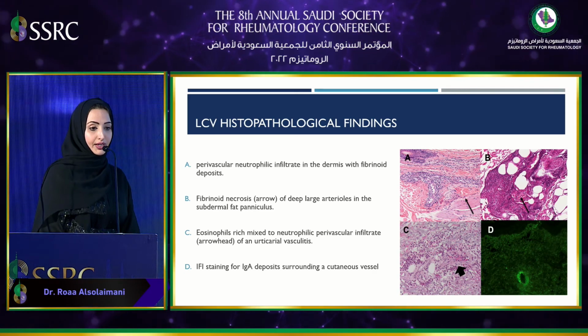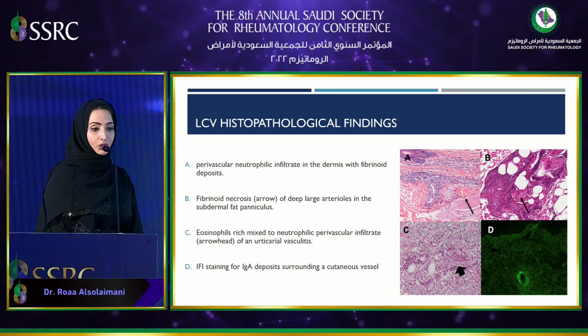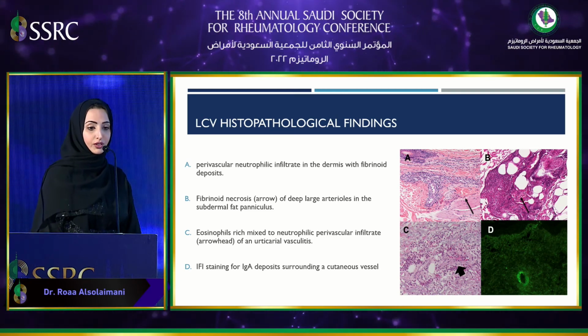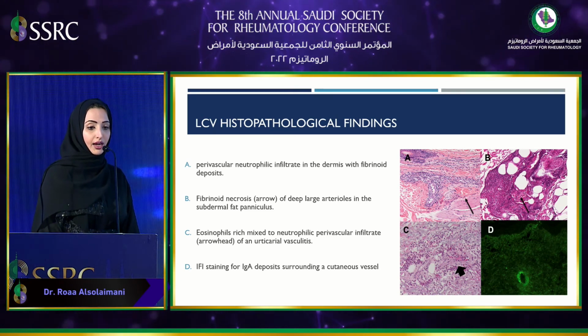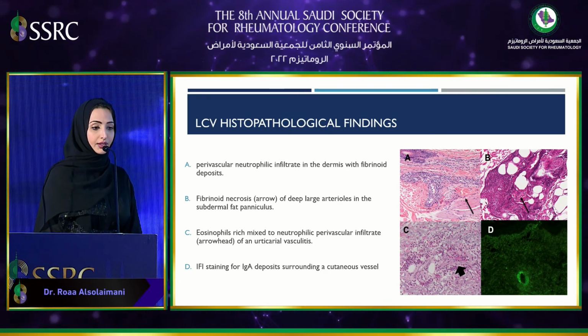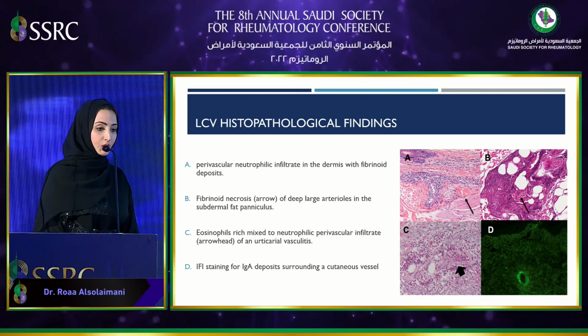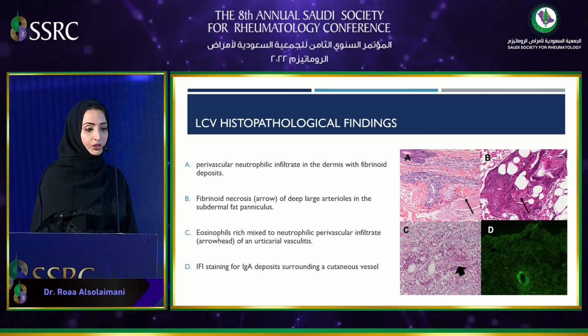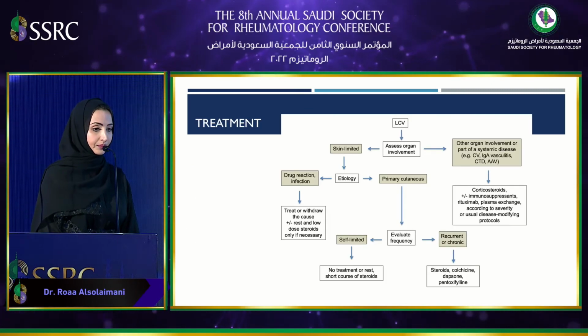So again, the histopathologic findings, as we mentioned previously, you can see in figure A, there is heavy neutrophilic infiltrate in the dermis. And with the arrow in A and B, you can see areas of fibrinoid necrosis. The last picture D, it shows a typical IgA deposit, which is consistent with HSP.